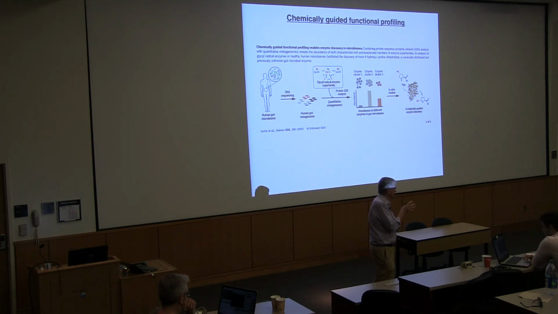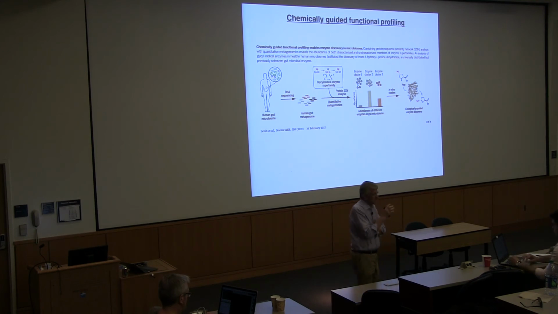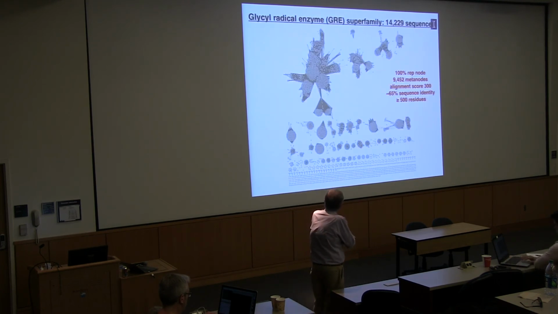And so if you're trying to identify an uncharacterized cluster that might have human health relevance, it might be useful if it would be present in, for example, the human gut microbiome. And so this is the glycol radical enzyme family SSN.